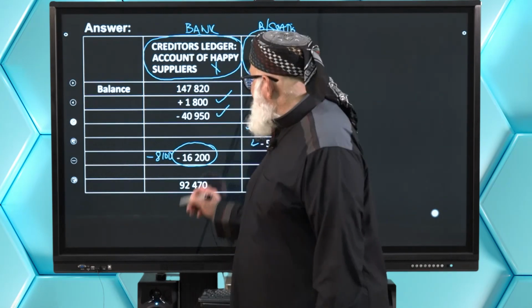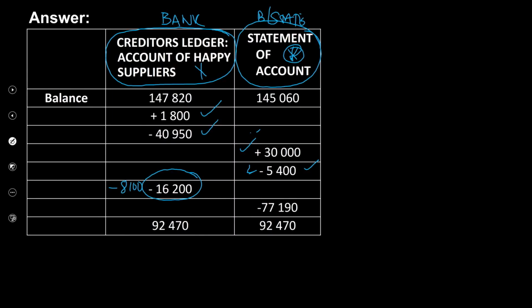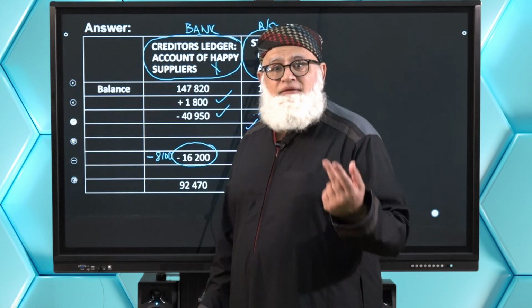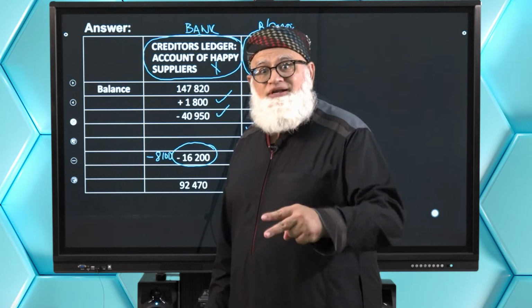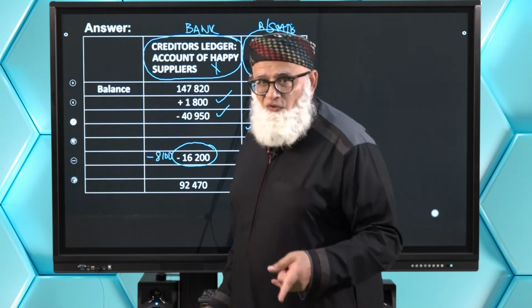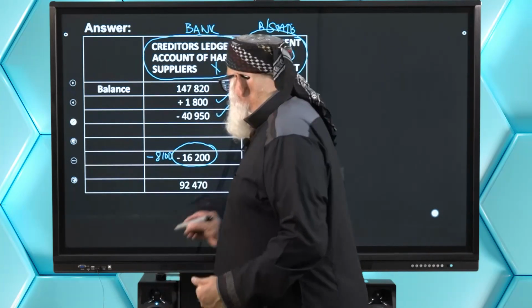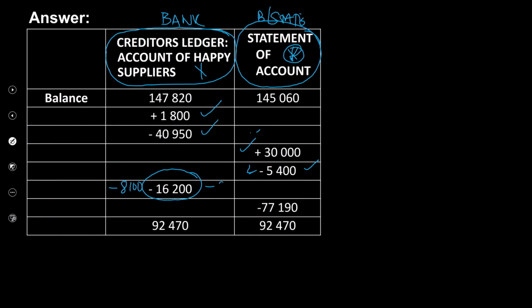So if you only put in the 8,100, it means you're only cancelling out the original error. But you are not recording the actual return of goods. Therefore, it becomes necessary to double the amount. And yes, you can show it as two separate amounts, minus 8,100, another minus 8,100. The net effect of that is a minus 16,200.